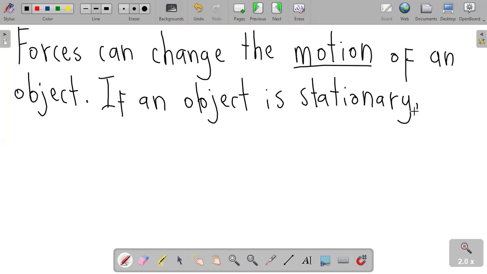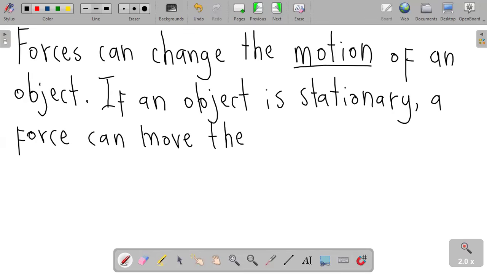If an object is stationary, a force can move the object. A force can move the object.